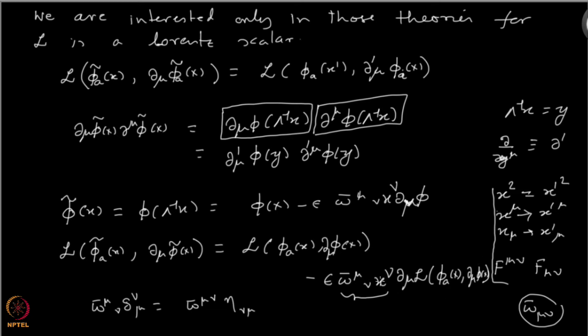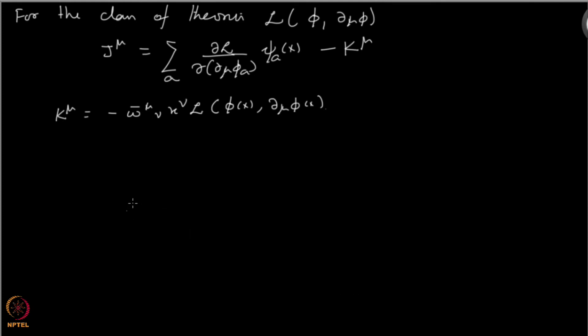Okay, so then you can see that k mu will be this. Now you understand why this is k mu, because the derivative has been pulled out.